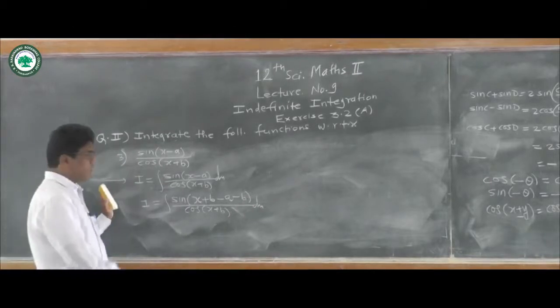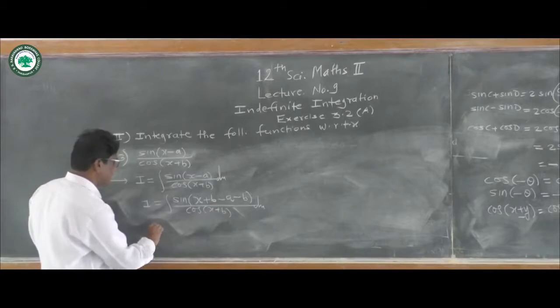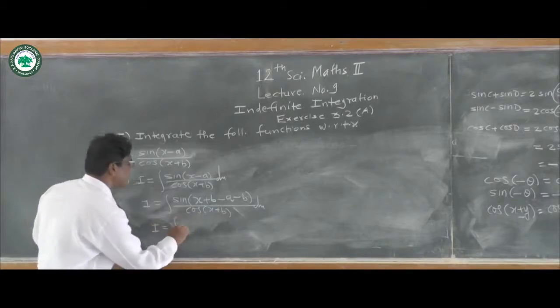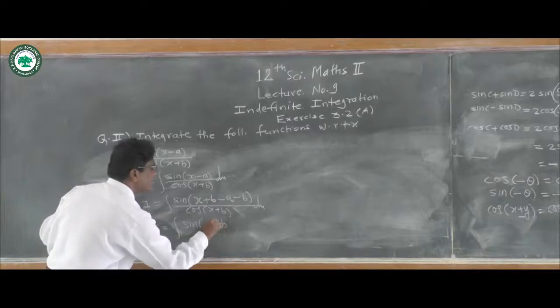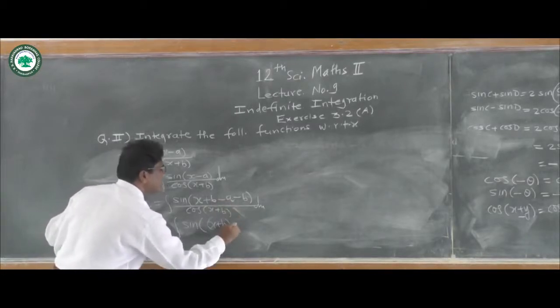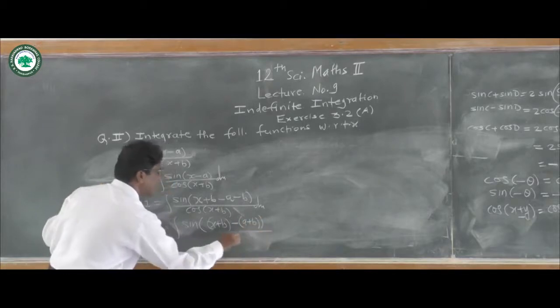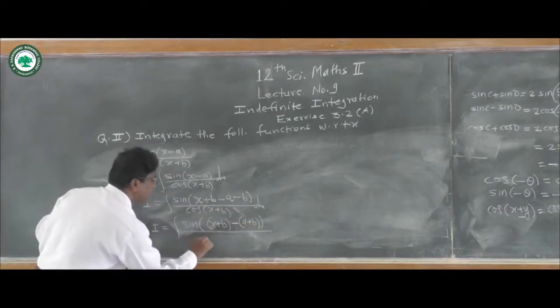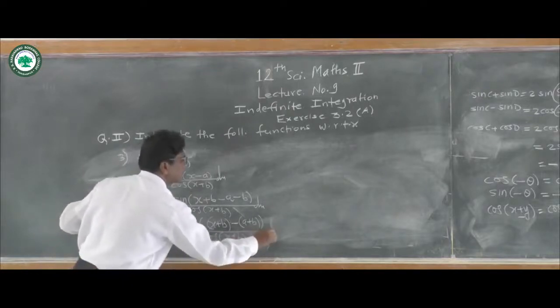And now we make two parts of this bracket. I is equal to the integration of sin of x plus b as the first part, and taking the minus sign, a plus b as the second part, divided by cos of x plus b dx.